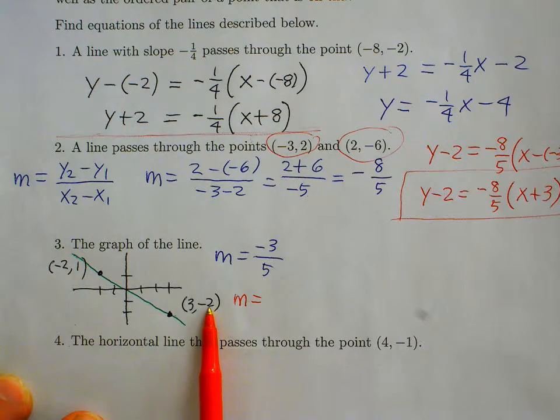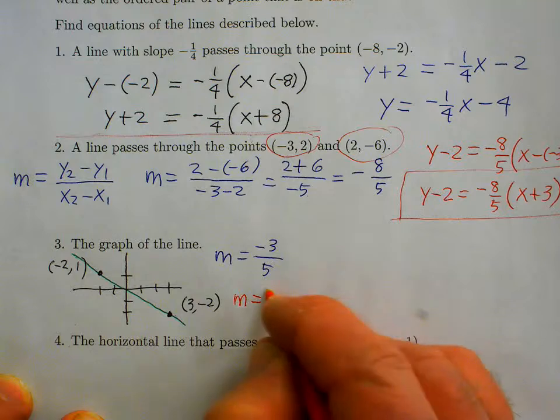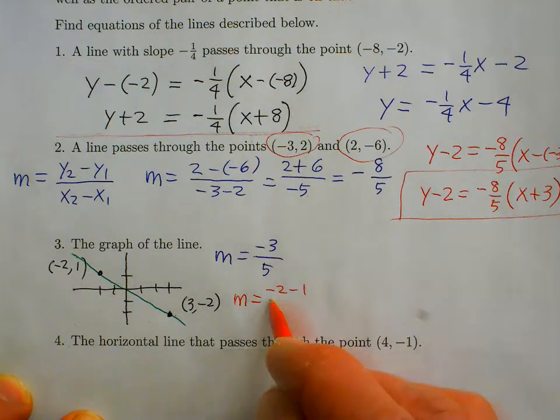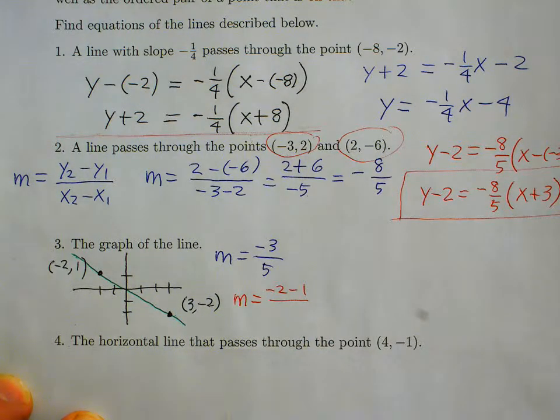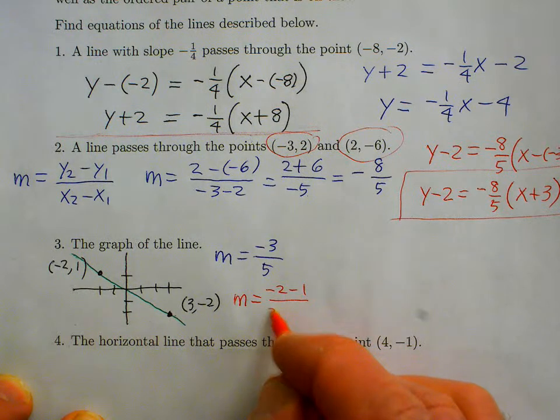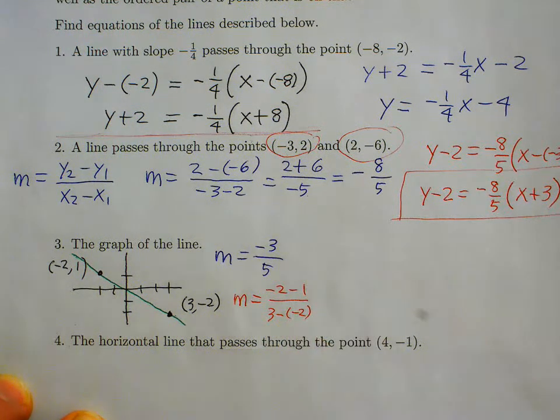So in the numerator, I can write -2 minus 1. That's my y2 minus y1 in the numerator. And then 3 minus -2. And sure enough, when we do the arithmetic, we get -3/5.